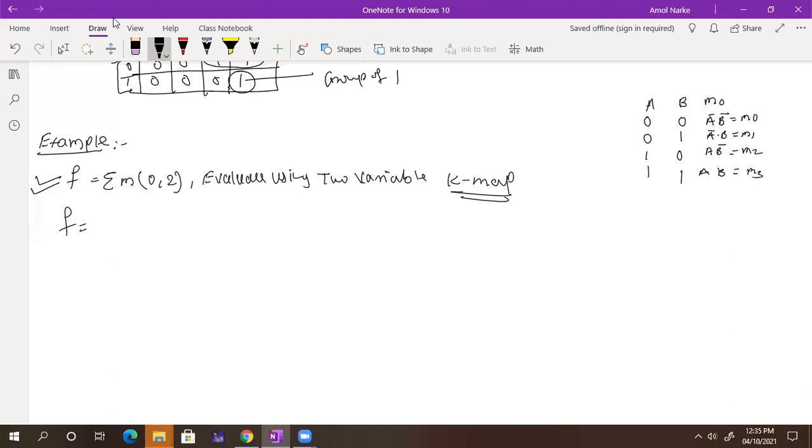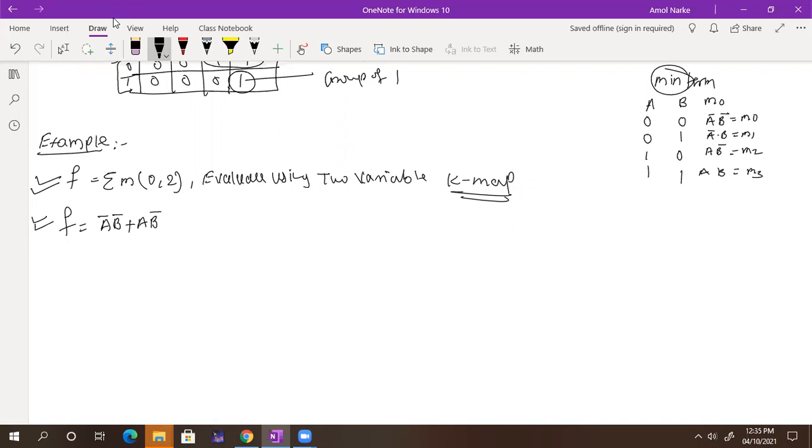So the function might be given like that: A bar B bar plus, what is m2? A B bar. So either they have given it in that form or in that form, and you need to evaluate that.